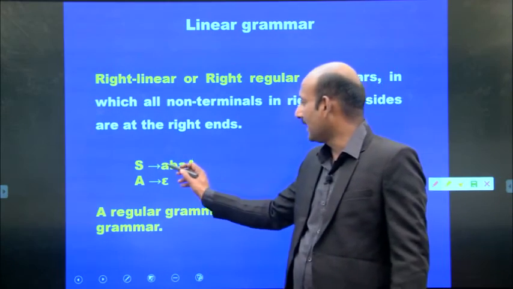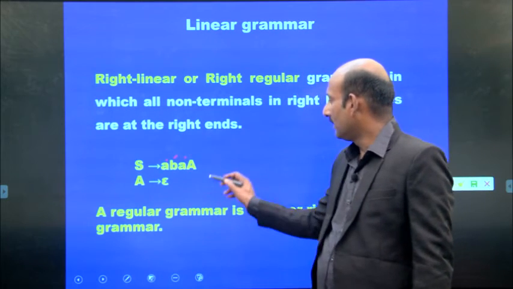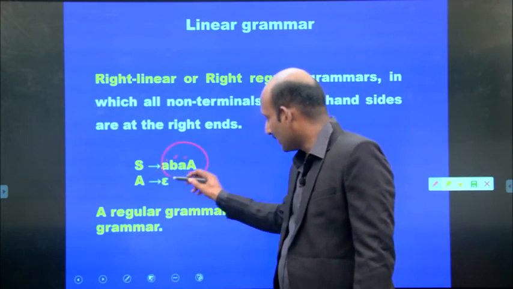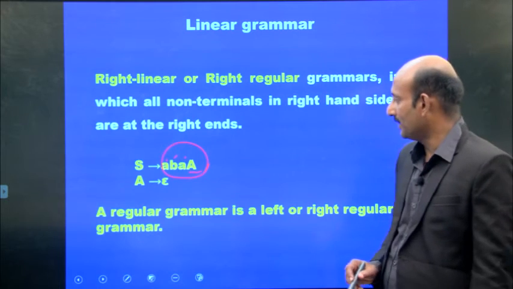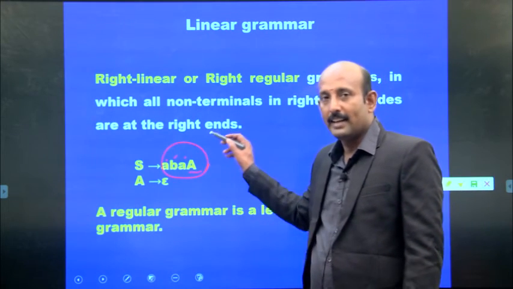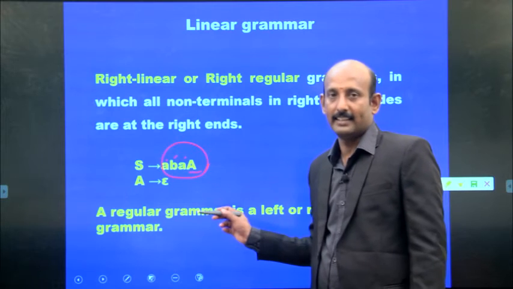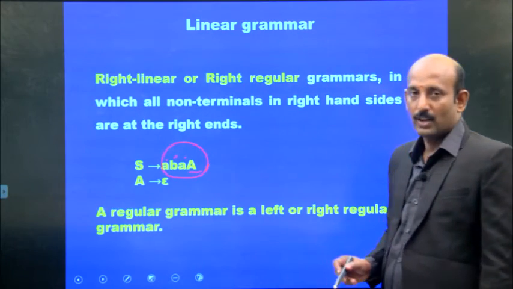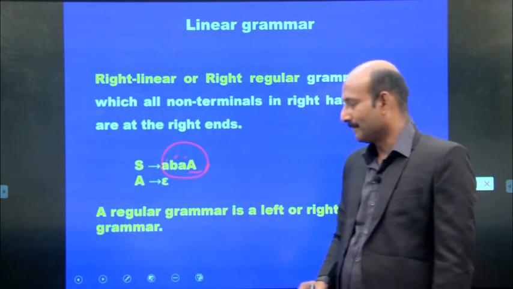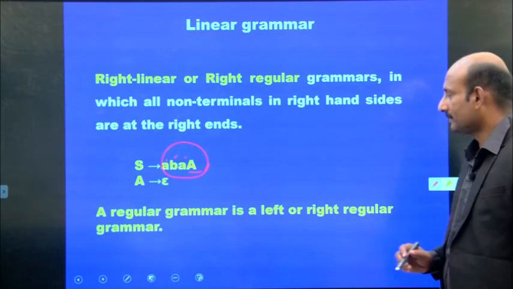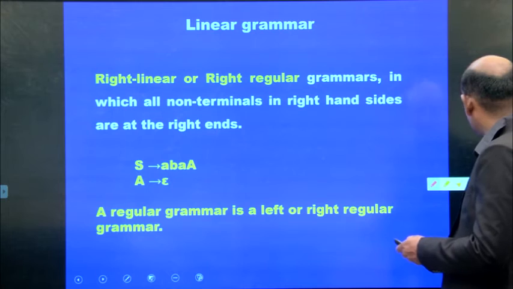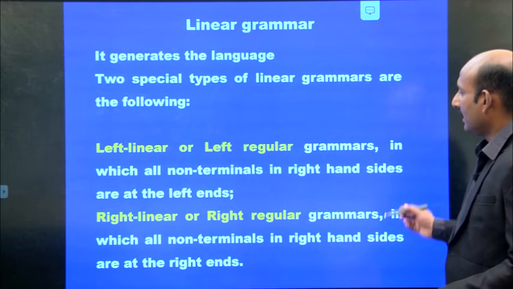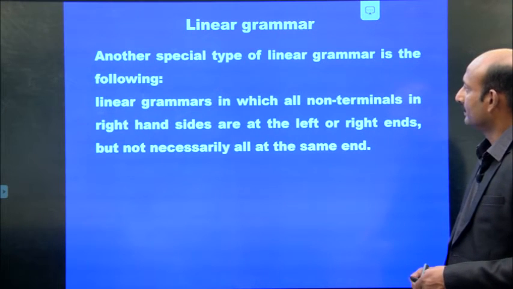These are all terminals a, b, a, and capital A is a non-terminal. In the right side of this production, where the A comes at the end of the right hand side, then the grammar is said to be a right regular grammar or right linear grammar.